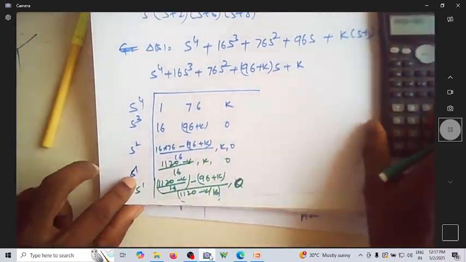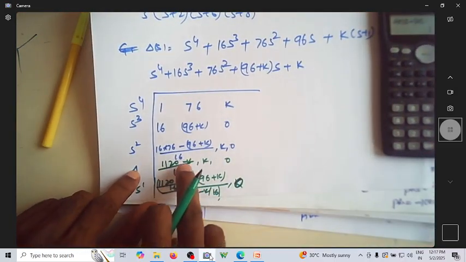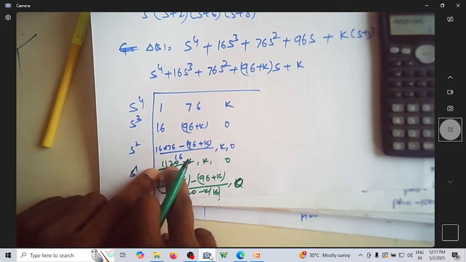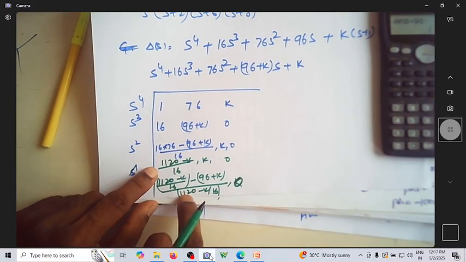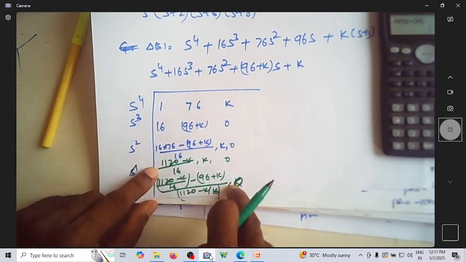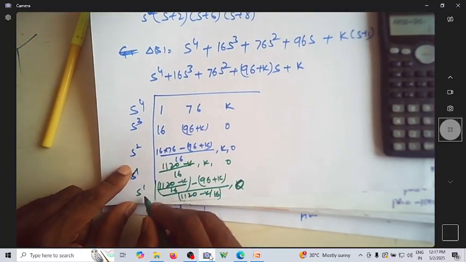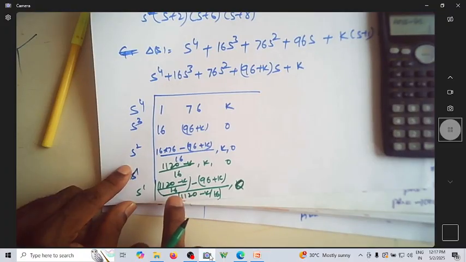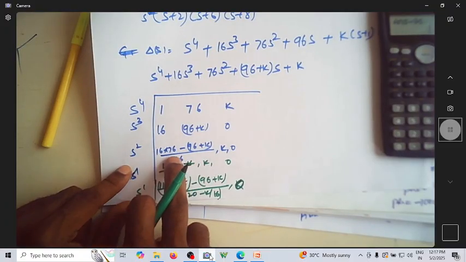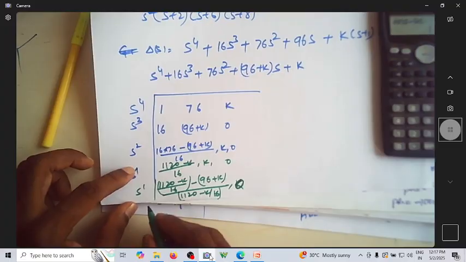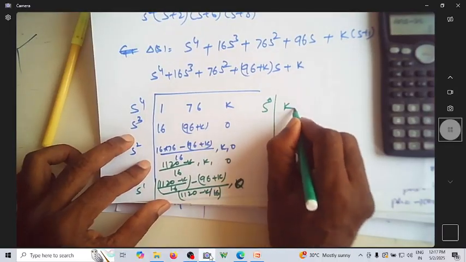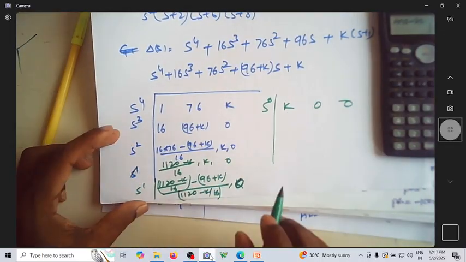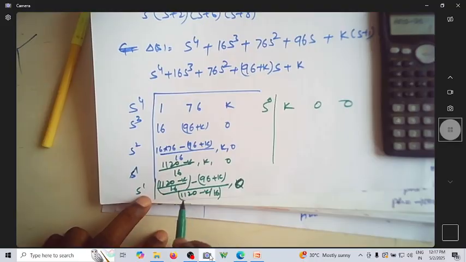So now what is this term? This term is this into this minus this into this, by this. That's what it is. Next is this into this minus this, which is actually 0. What is the S power 0 term? It's this into this minus this into this, by this. So the S power 0 term is K, 0, 0. Now we are looking at this quantity.